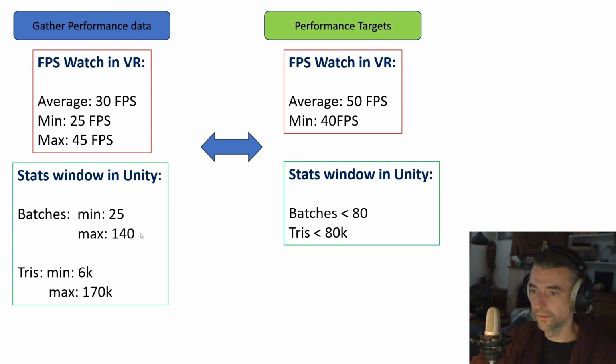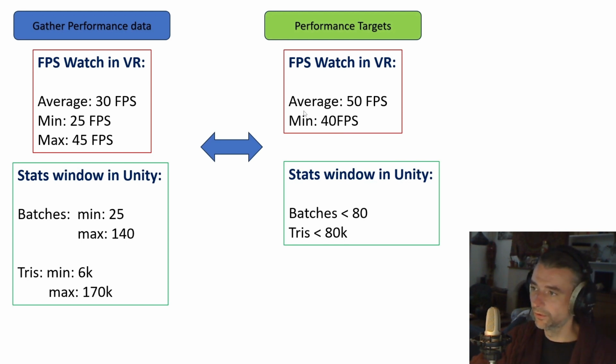So let's check the performance data we just gathered against our performance targets. And we can see that we are not reaching our performance targets just yet. Because we're supposed to have on average 50 FPS, and we should never drop below 40 FPS, because that will cause motion sickness.